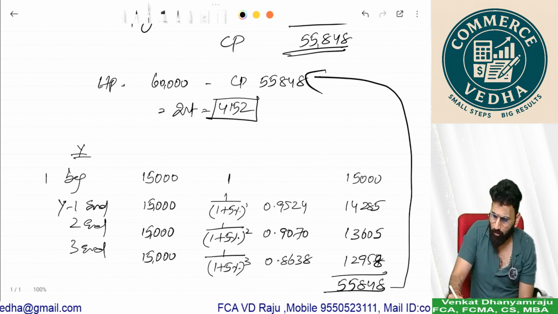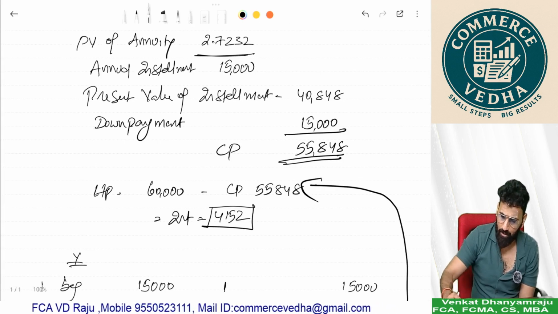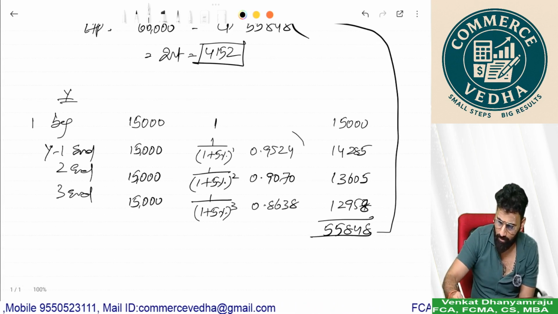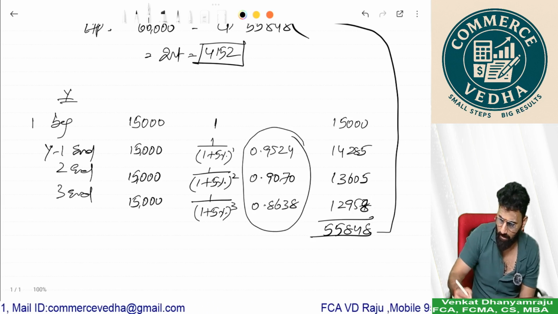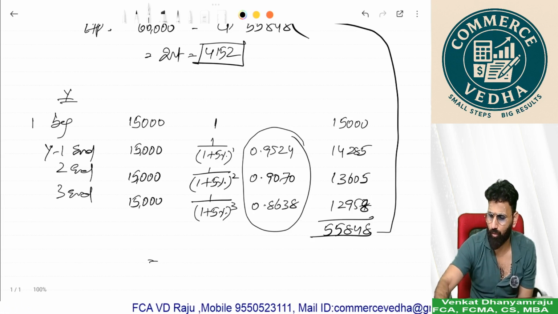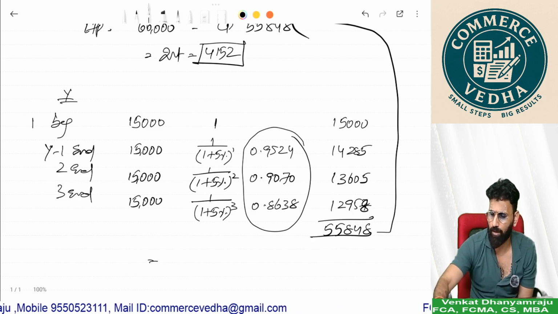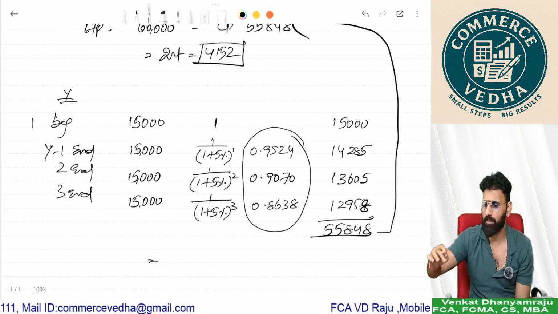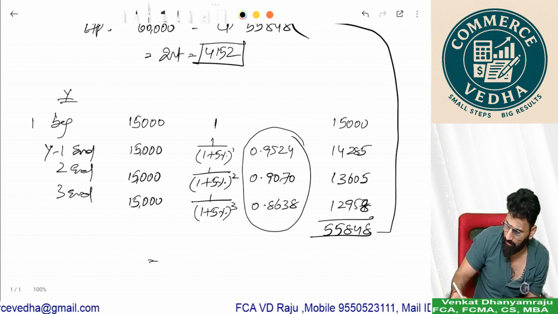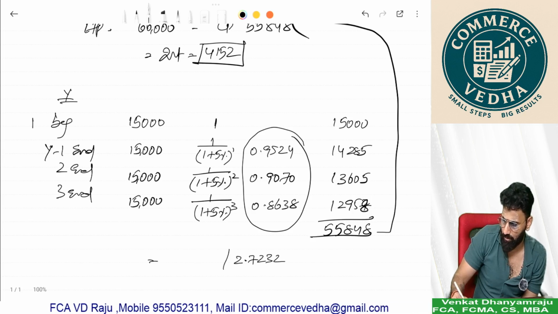The logic of how you got 2.7232 is the total of these three. See, 0.9524 plus 0.9070 plus 0.8638 is 2.7232.